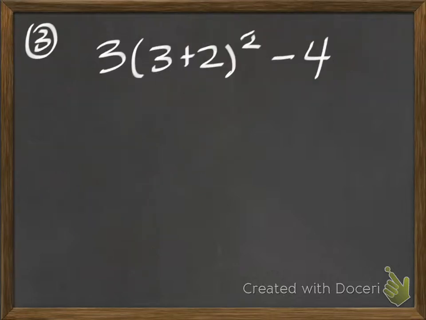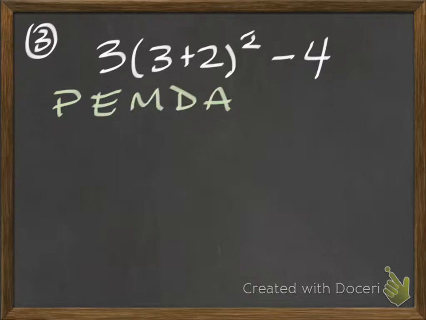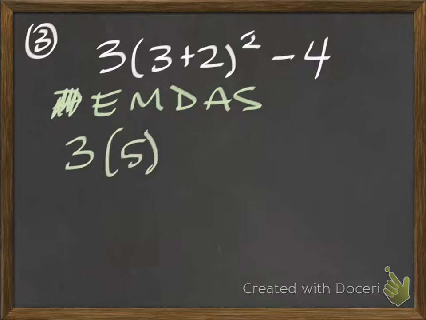Last example here. Write down my PEMDAS. Place everything, my dad always says. Do I have some parentheses? I do. Let's do that. 3 plus 2. 3 times 5 squared, or 2 to the second power, minus 4. Do I have some exponents?